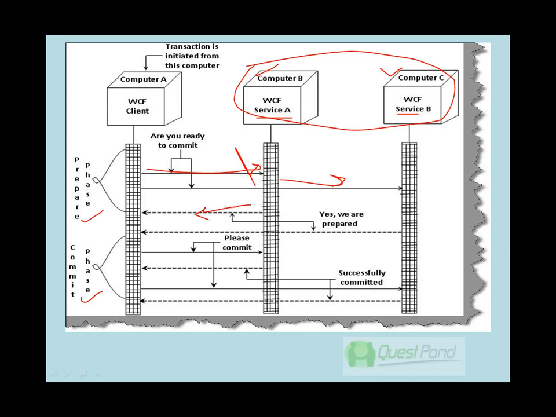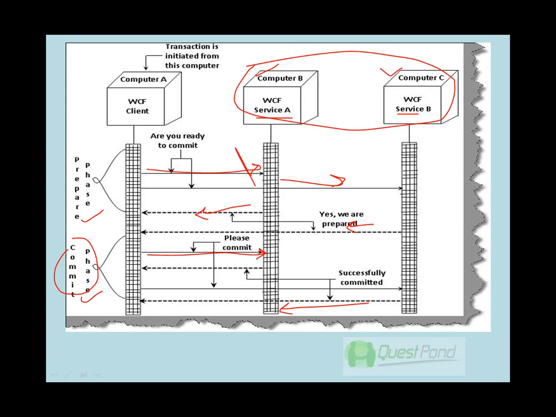If both of them respond saying yes, we are ready, it moves ahead to the commit phase. In the commit phase, it sends a commit command to the services, and both of these services respond back saying that the commit is done. So in other words, it's a request and a response message in two phases by which a WCF transaction works.